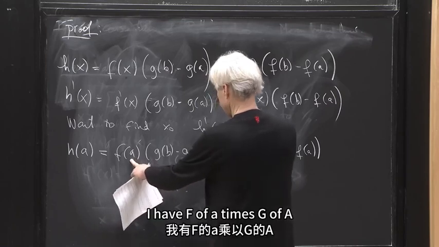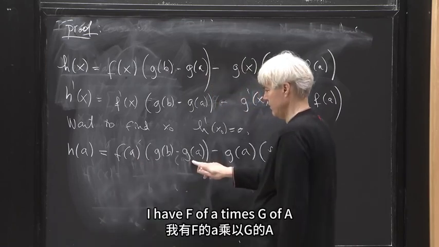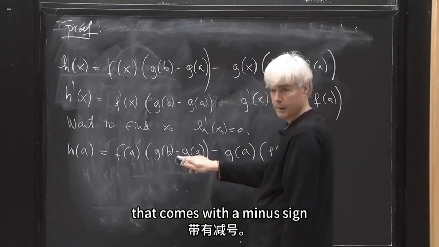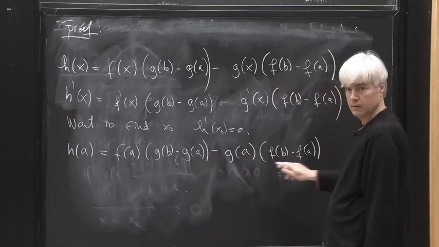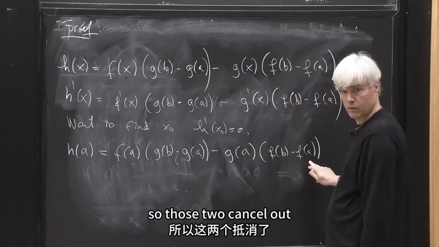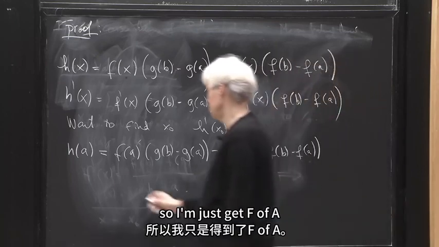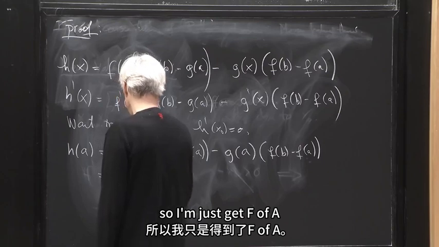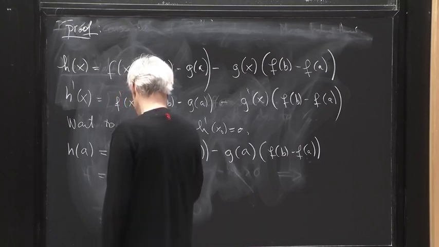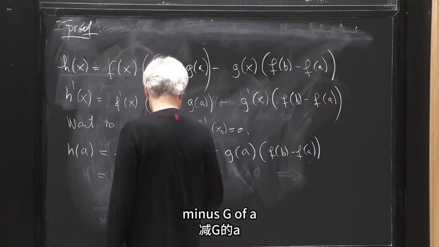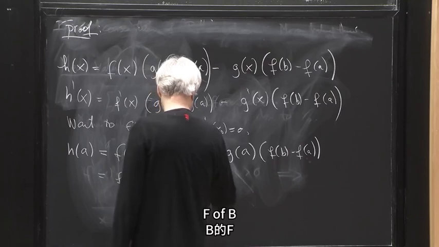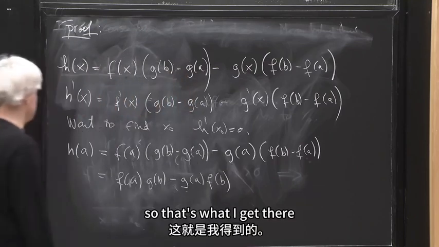I have f of a times g of a. That comes with a minus sign. I have the same term over here, but that comes with a plus. So those two cancel out. So I just get f of a, g of b, minus g of a, f of b.